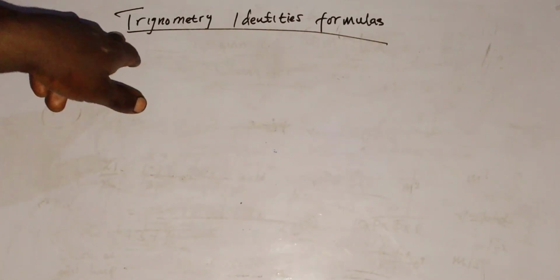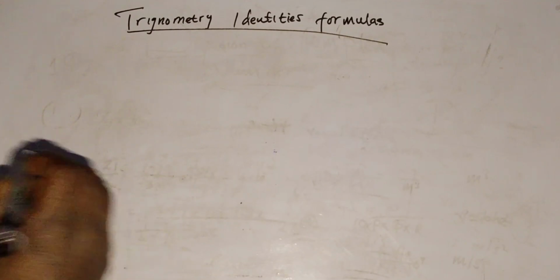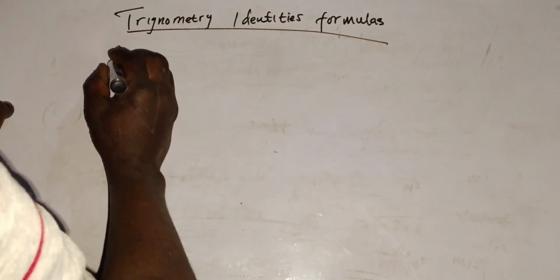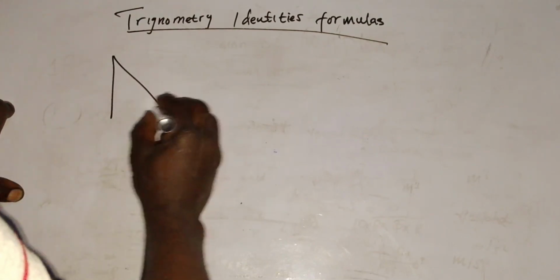Guys, in today's video we are looking at trigonometry identities formulas, and we have to see where these formulas come from, which is deriving. Okay, this formula comes from Pythagoras theorem, which is like this.